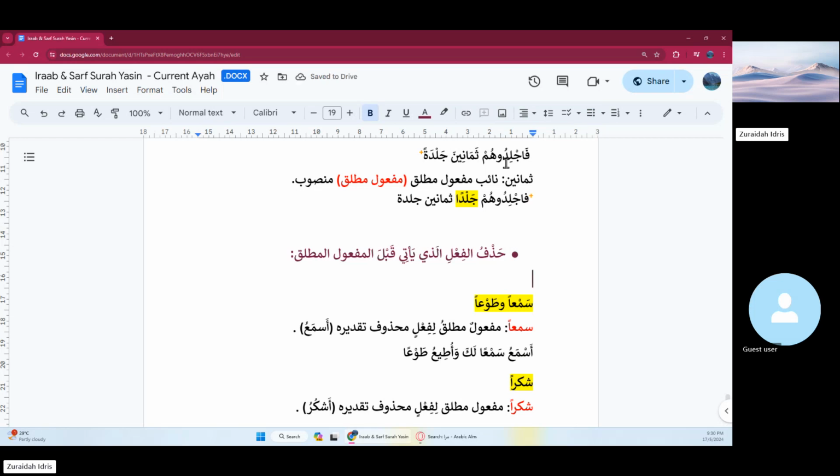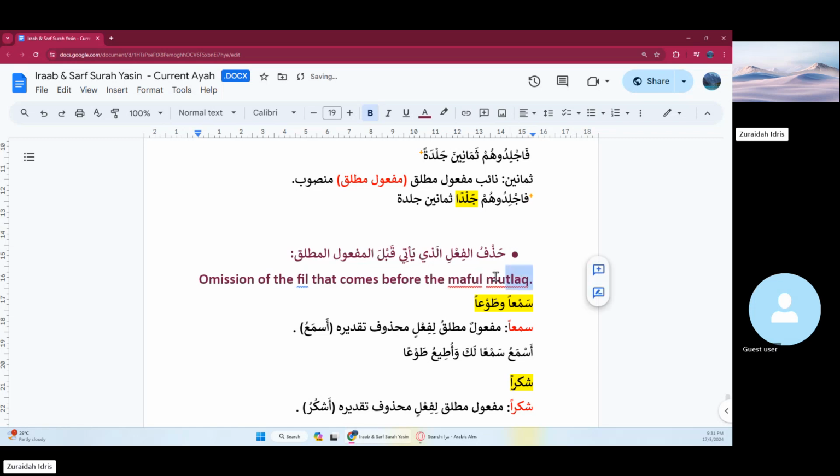When I translate it, hadhf is to omit or to delete. So we can say omission of the fi'il, because it's an idafa thing, that comes before, ya'ti is to come before the maf'ul mutlaq.